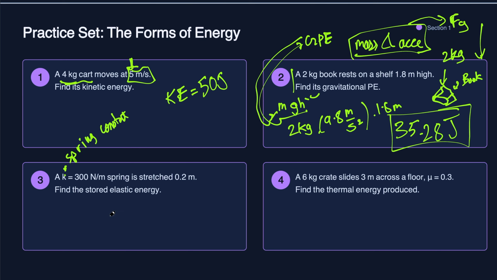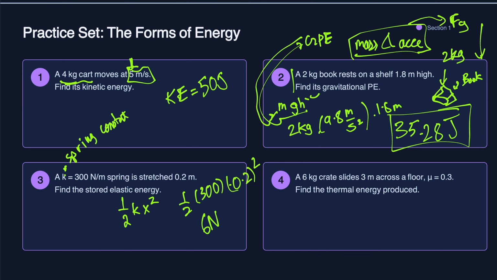So, what is the elastic energy of a spring? 1/2 kx squared. 1/2 times 300 times 0.2 squared, right? Or in other words, 150 times 0.04, which is just 6 newtons.